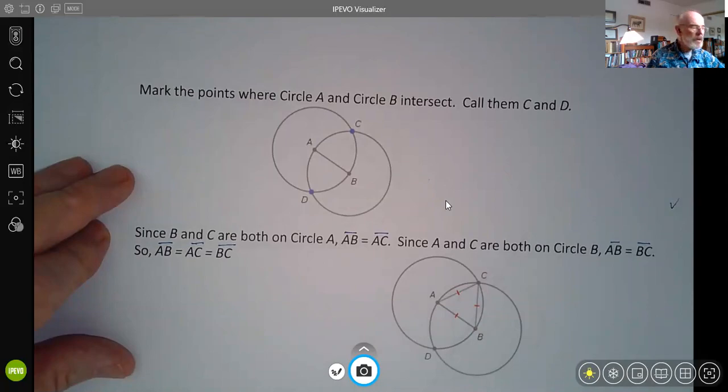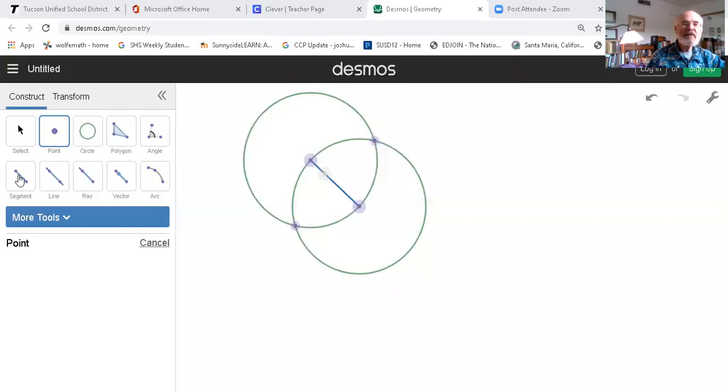So let's stop the share. And let's go back over to Desmos, and let's add the triangles. So I'm going to get the segment here. Now this one I've already got. This is A to B, all right?